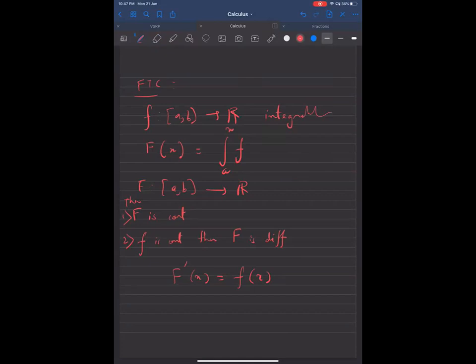So this is FTC 1. Here we are starting with an integrable function, and then we are taking the integral of it up to a point and getting a new function, capital F. Then we are saying capital F is continuous. This is not a very important part. What is the important part?